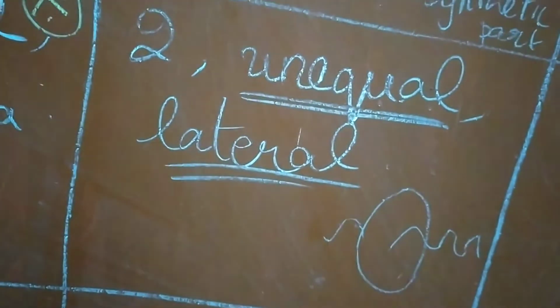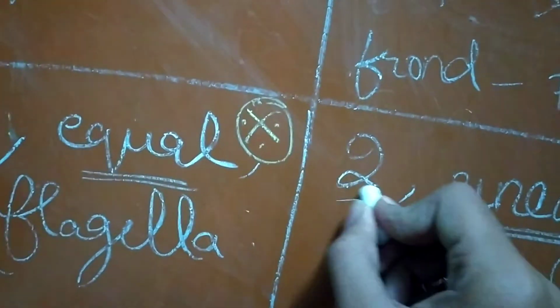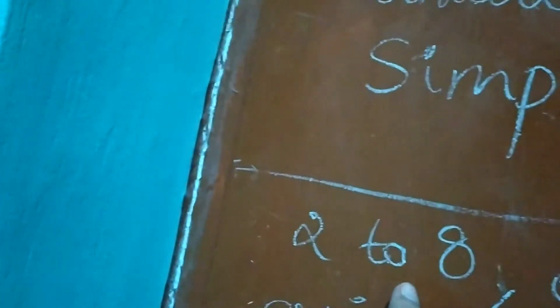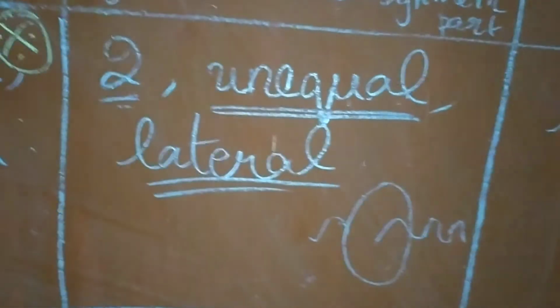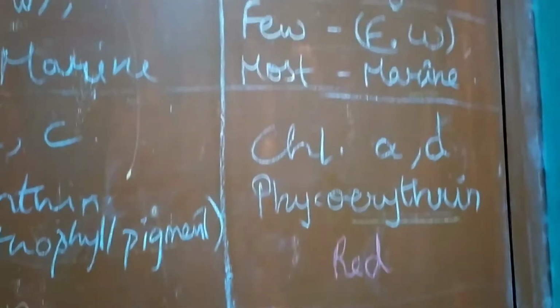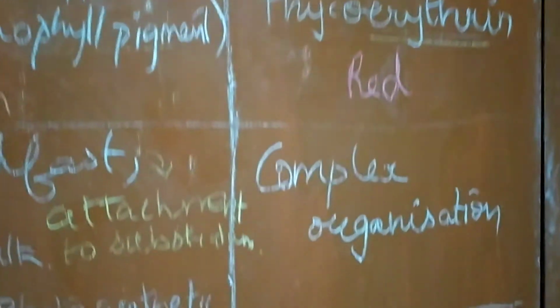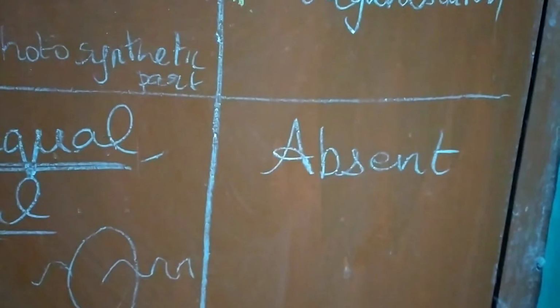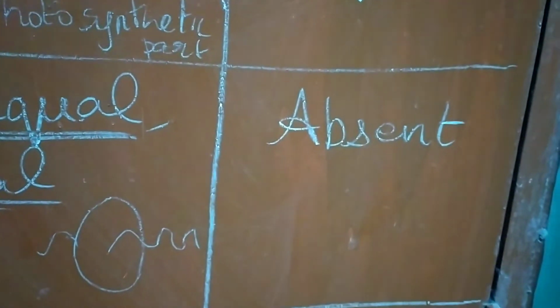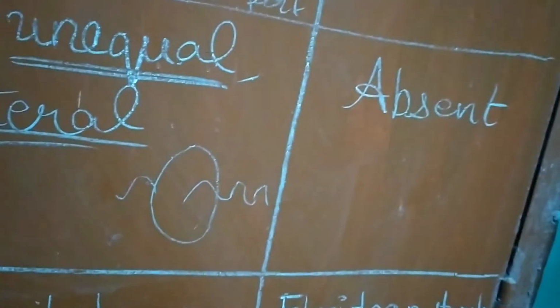You can clearly distinguish, right? And it's also 2 in number, not like 2 to 8 and all. So only it should be 2. And coming to the Rhodophyceae, it unfortunately has no flagella, so most of them are just sessile.